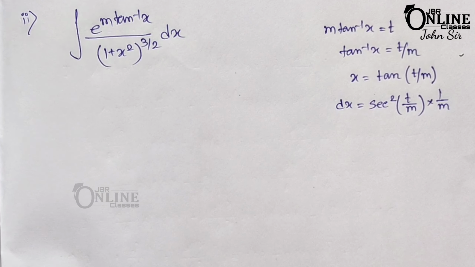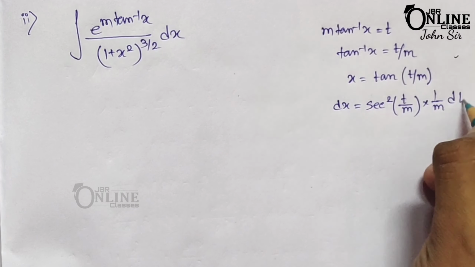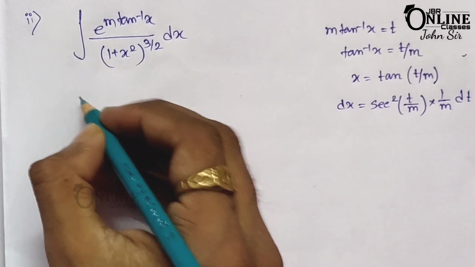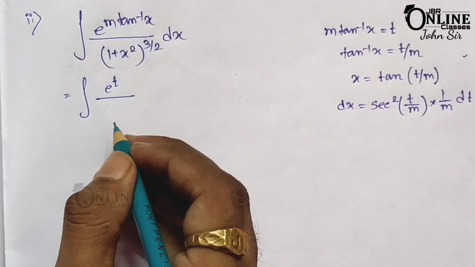Okay, derivative with respect to x, and that equal to dt also here. So just write down here dt. Okay, so now as dx equal to this one, and here m tan inverse x equal to t, x equal to this one. So just replace it. So upper one will be e to the power t.